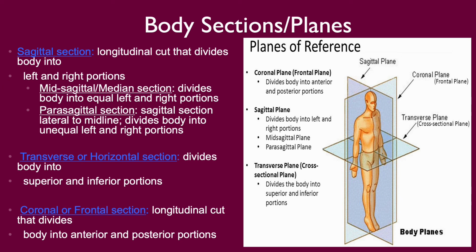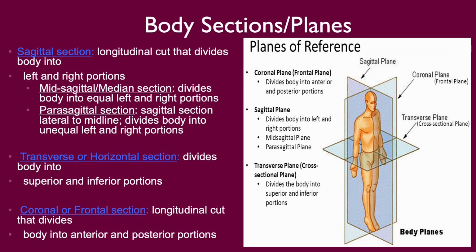Transverse or horizontal divides the body into superior and inferior portions, meaning top and bottom. But for anatomy and physiology, we will use the terms superior, which is towards the head, and inferior, which is towards the feet.